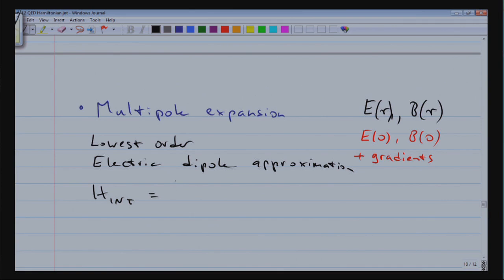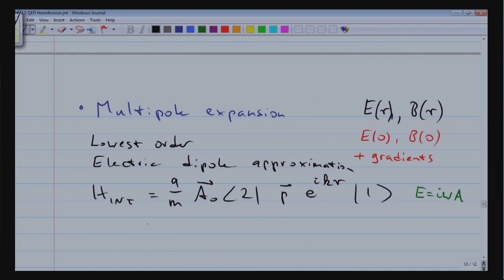One is we neglect the quadratic term, the A squared term. And now if we look at the A dot p term, and we are looking for matrix elements between two atomic levels, we expand the vector potential into plane waves. Well, it's called the electric dipole approximation, so maybe we want to express things by the electric field, which is the derivative of the vector potential.